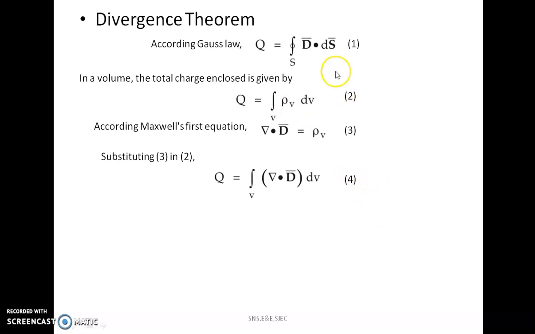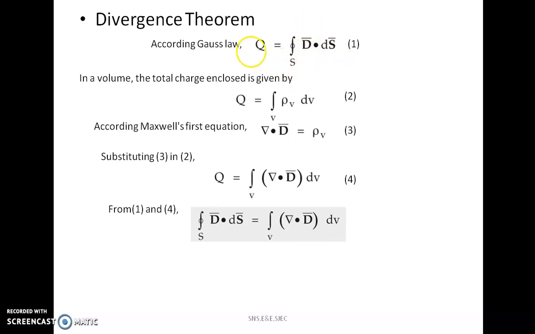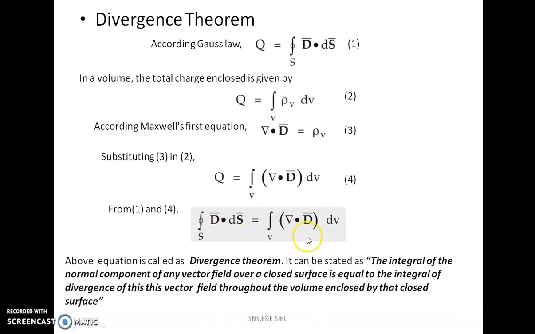Now equating this equation 4 with equation 1, the surface integral of D dot dS is equal to the volume integral of del dot D dV. This equation is called the divergence theorem.